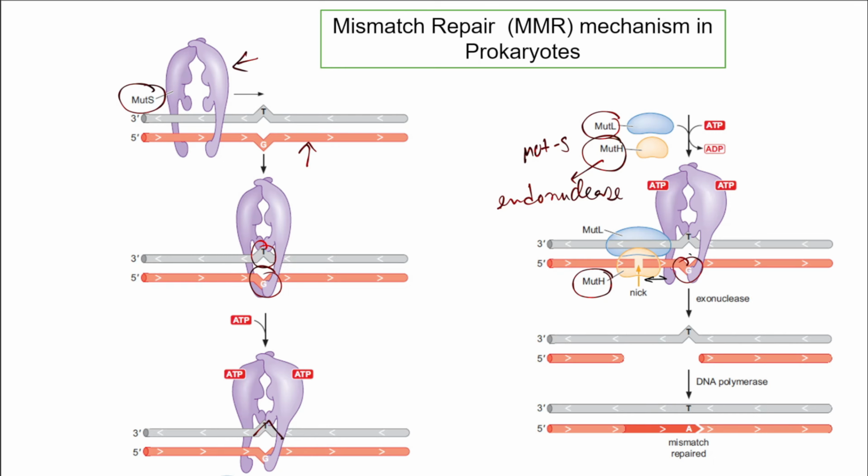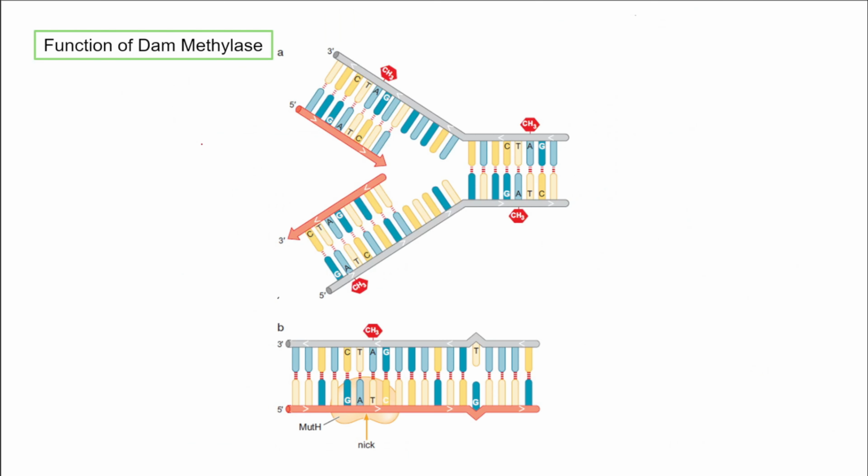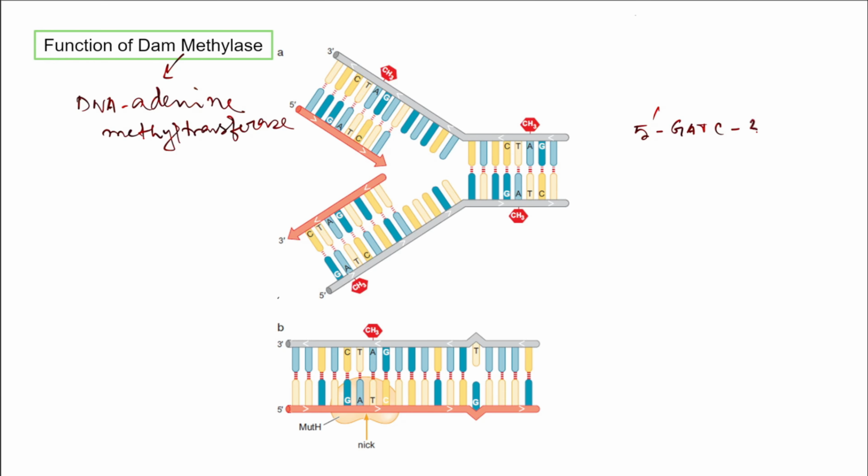So normally E. coli has an enzyme, that is Dam methylase, also called DNA adenine methyltransferase, that methylates the adenine residue on both strands of the sequence 5' GATC 3'.